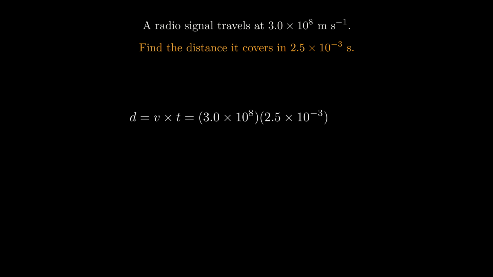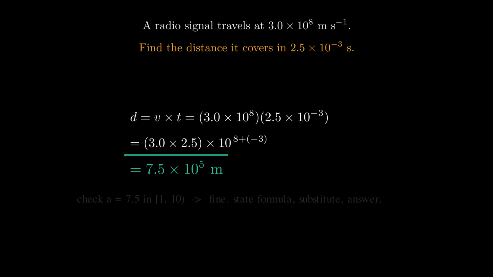And add the powers: 8 plus minus 3 is 5. 7.5 times 10 to the 5 meters. A is 7.5, still in range. So we're finished. Notice the shape of the answer: state the formula, substitute, then the value. That's how method marks are awarded.